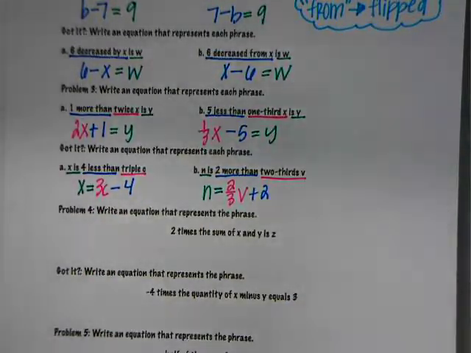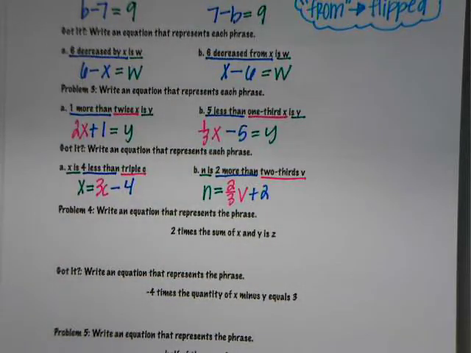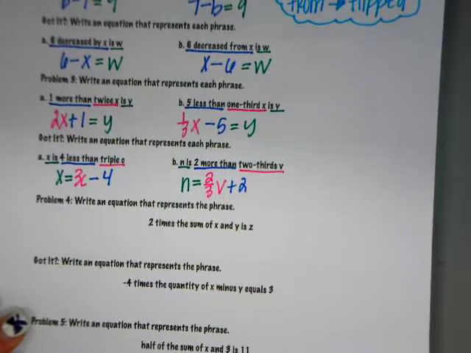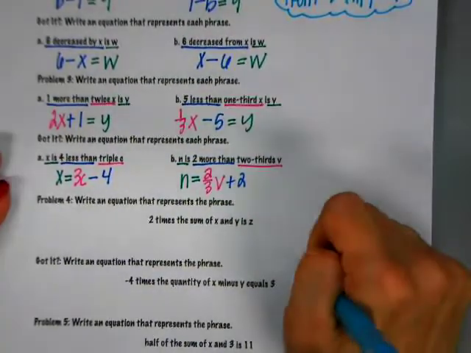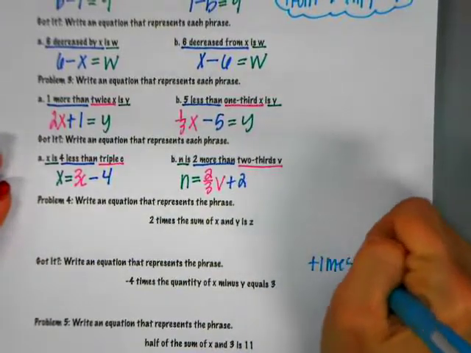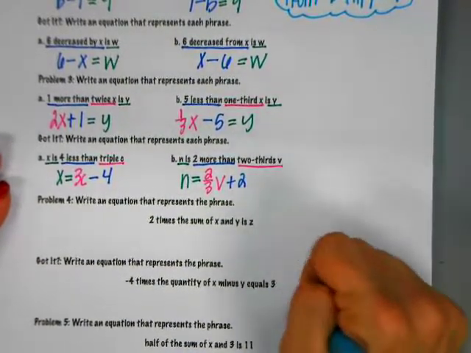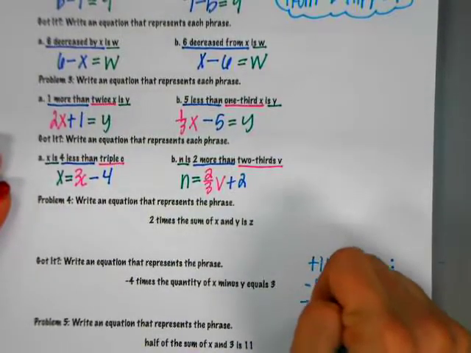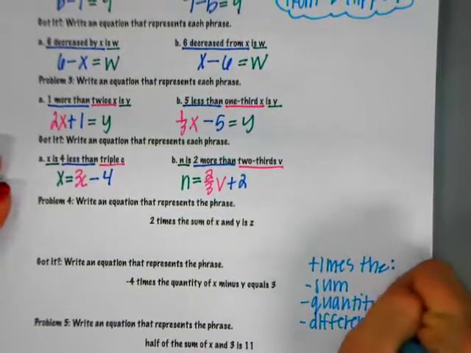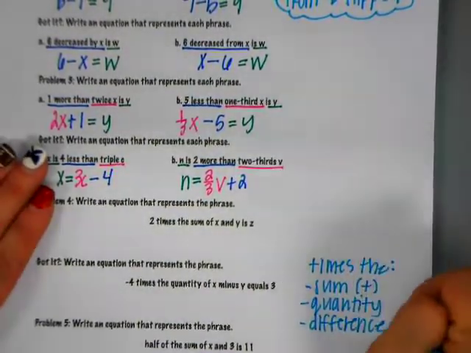All right, so now we're going to do ones where you'll have words like times the sum, quantity, difference, stuff like that. So sum is obviously going to be addition. Difference is going to be subtraction.